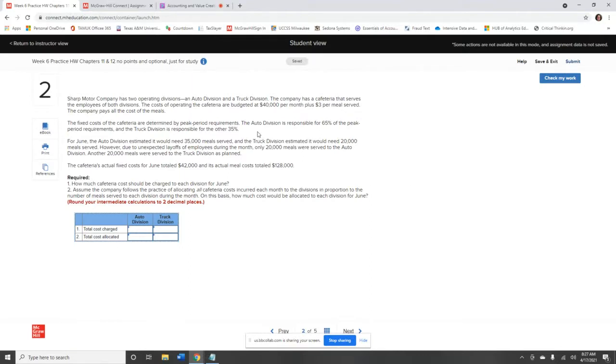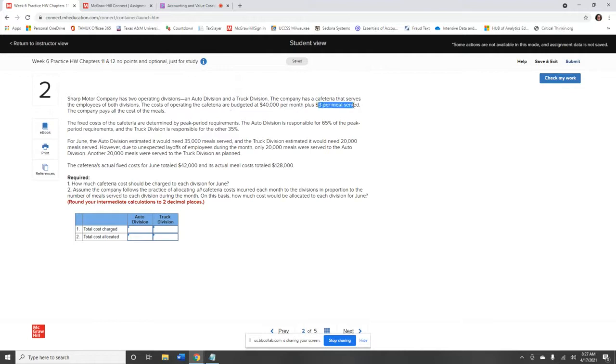All right, so we've got two divisions, auto and truck, and there's a cafeteria, and they just pay for everybody's meals. So that's pretty cool. The cost for the cafeteria, $40,000 plus $3 per meal. So there's your fixed, there's your variable, and of course these are, I guess, what we'd call standard costs, right? This is what they're estimating it will be.